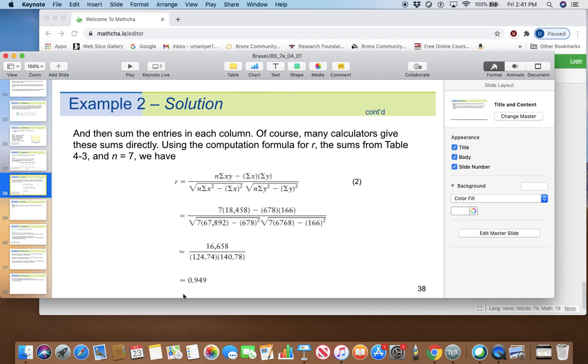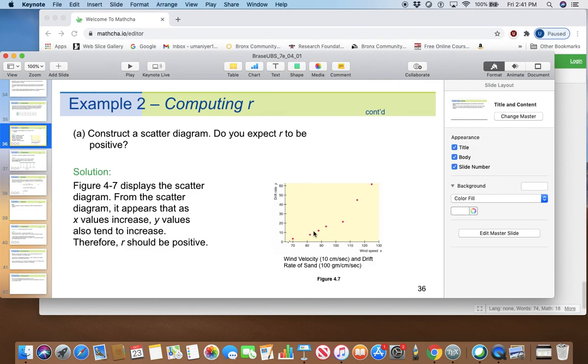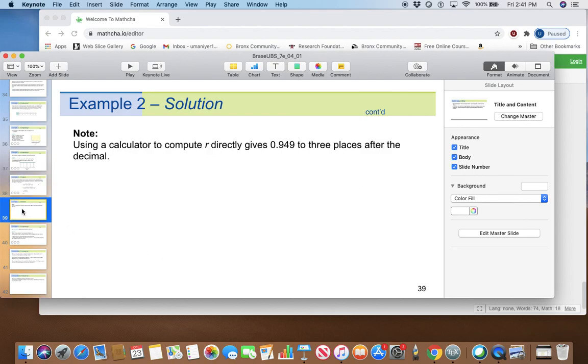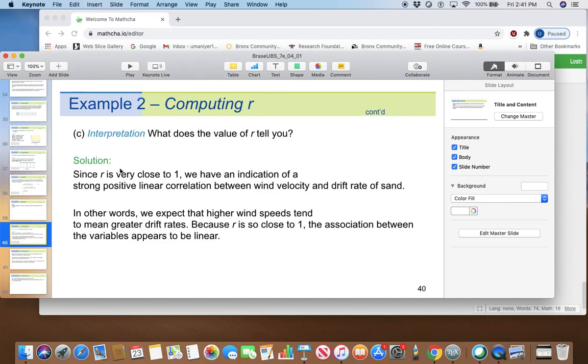Look at that. It is a positive number less than 1. You will always get a number between -1 and 1. If you remember your diagram, it was positively correlated, so you are going to get something greater than 0 and less than 1, which is what you got. Using a calculator, you can also find this. What does the value of R tell you?